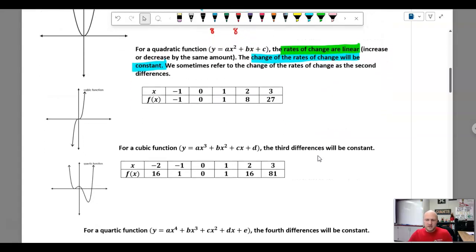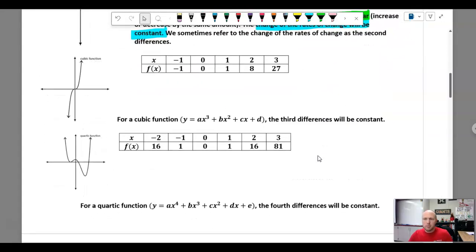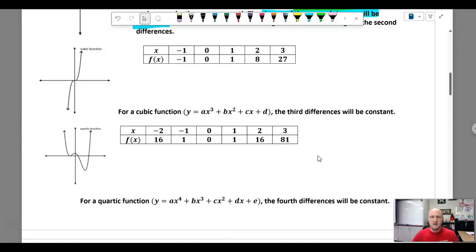Now, these types of functions, a cubic function and a quartic function, don't really appear on the AP exam, but it is relevant in the sense that the same kind of pattern goes on. For linear, my first difference was constant. For quadratic, my second difference was constant. For cubic, what do you think the difference will be?